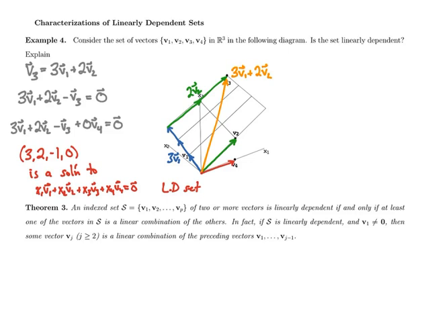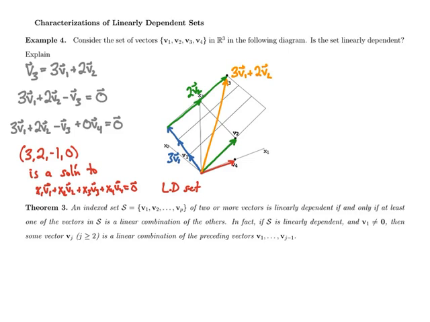And that's what this theorem at the end is saying. If you have an indexed set S, index just means they're in order, or they're different vectors, v1 to vp of two or more vectors, that set is linearly dependent if and only if at least one of the vectors in S is a linear combination of the others.